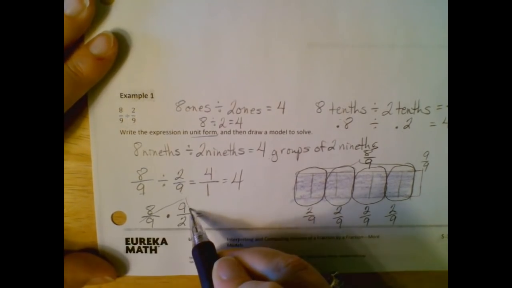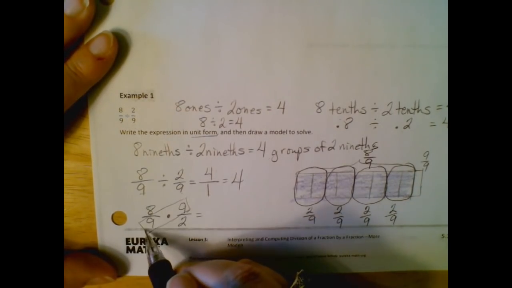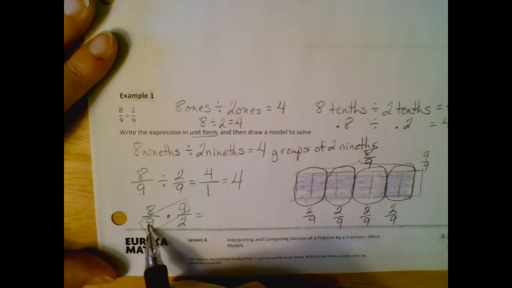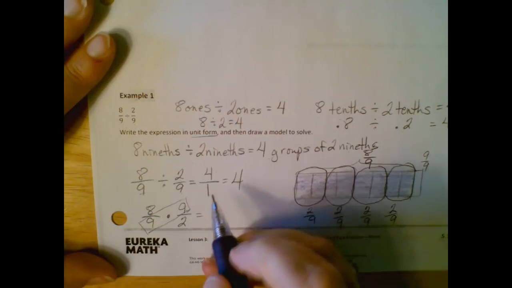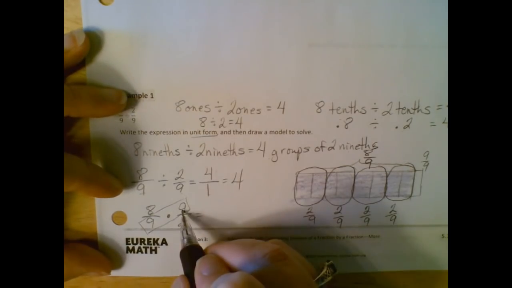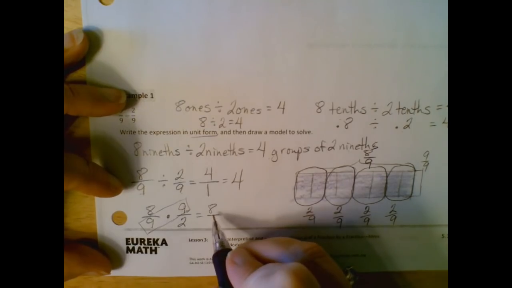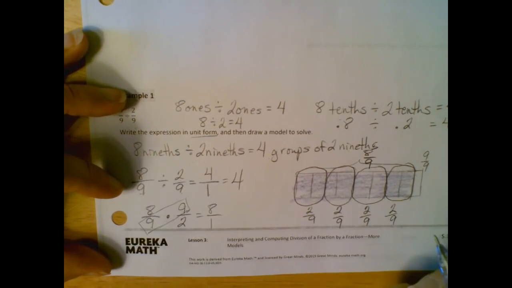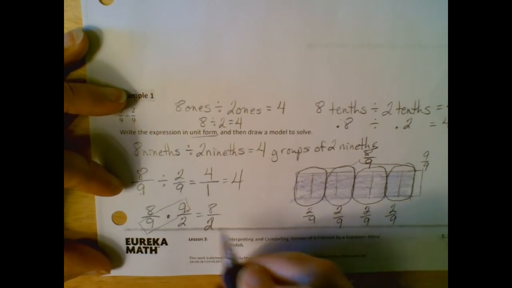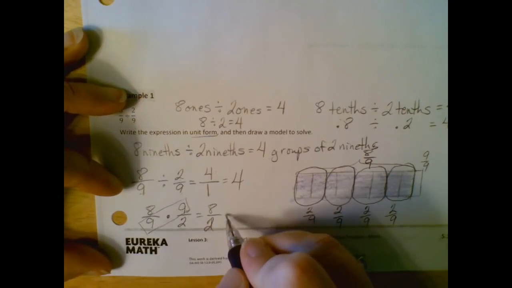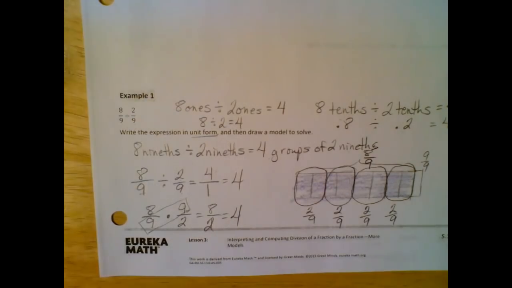This is a giant 1. It's just on its side. So therefore, it adds to 1. So therefore, 8 times 1 is 8. 1 times 2 is 2, sorry. And therefore, 8 over 2 equals 4 wholes.